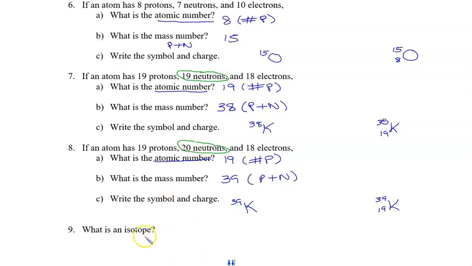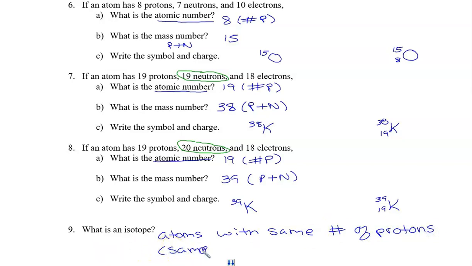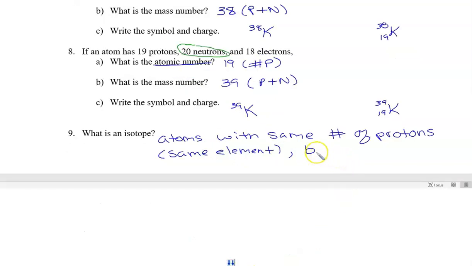So we say that isotopes are atoms with the same number of protons, which means the same element, but a different number of neutrons.